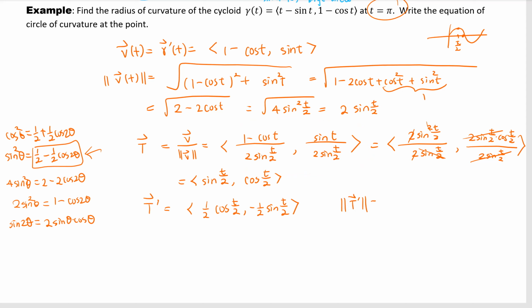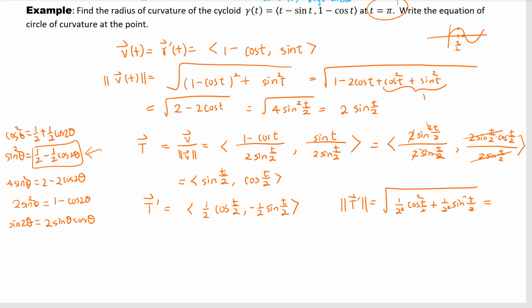Now, what is the magnitude of T prime? Well, the square root of 1/2 squared cosine squared t over 2 plus 1/2 squared sine squared t over 2. But you know, sine squared plus cosine squared, no matter what the angle is, is just 1. So that's why here we just get 1/2.